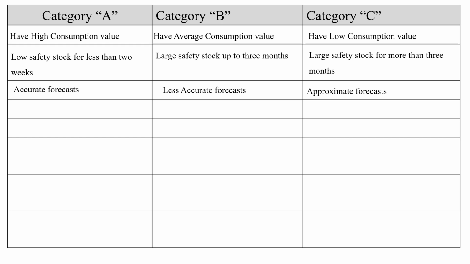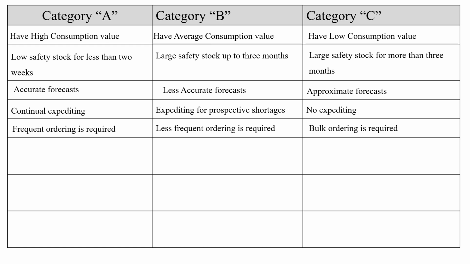But in category C, there is no need for much accurate forecasting; approximate forecasting is acceptable. Next, for category A there is continuous expediting, in category B expediting only for prospective shortage, and in category C there is no expediting.